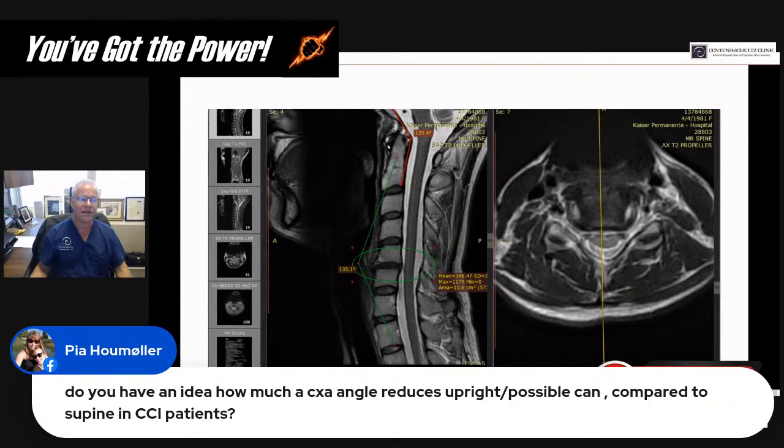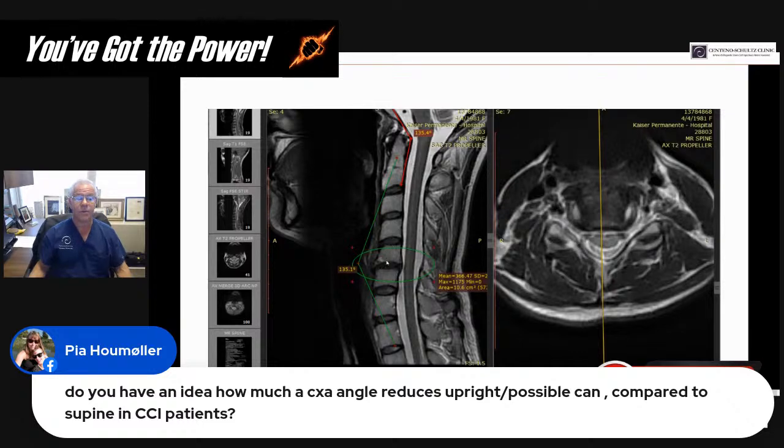So this is not a neurosurgical CXA. This is a simple reversal of the normal curve. As the curve goes backwards, the CXA number goes down. If we were to put a normal curve back in this person, her CXA would go to 145 or 150, which would be totally normal.